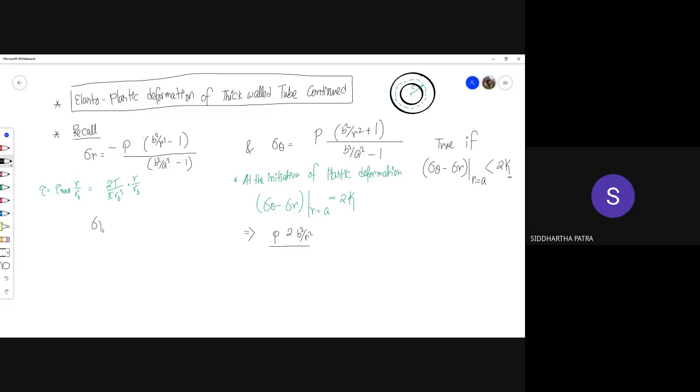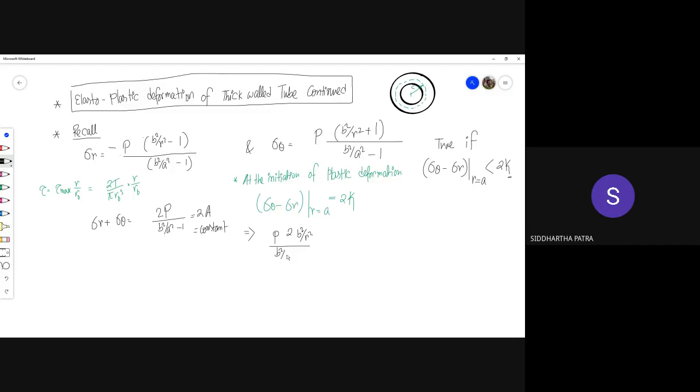So please check, sigma r plus sigma theta is twice p b squared by a squared minus 1, and this quantity is twice a, which is a constant. Constant with reference to what? Constant with reference to radius. It's not changing with radius. Okay, but such is not the case when you take the difference between the two.